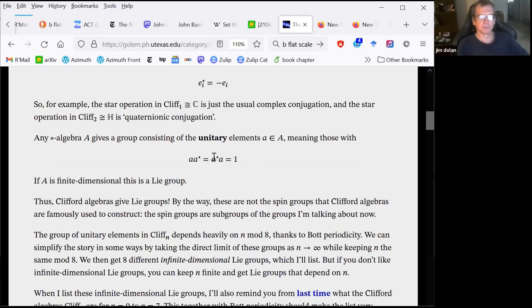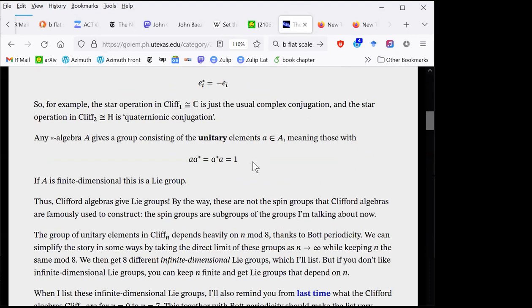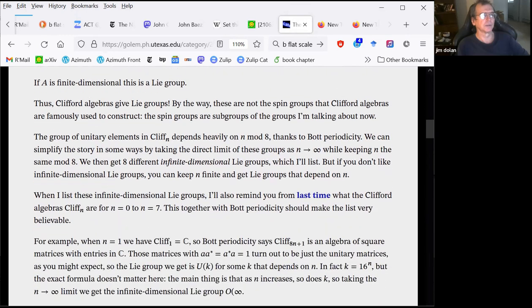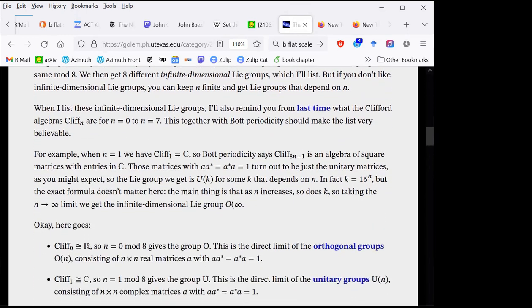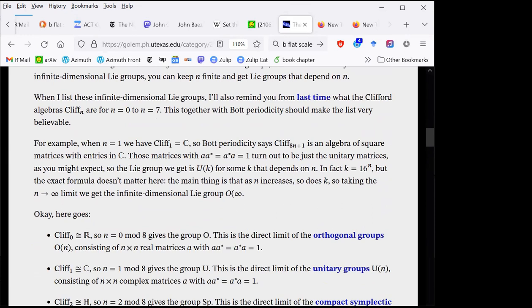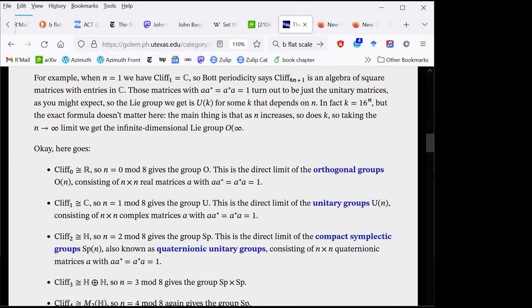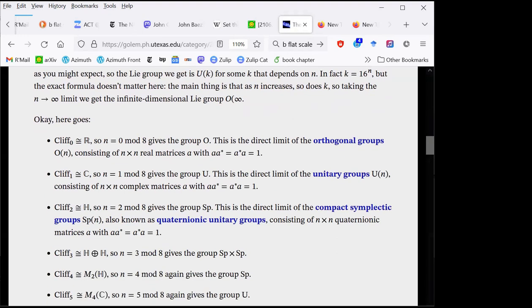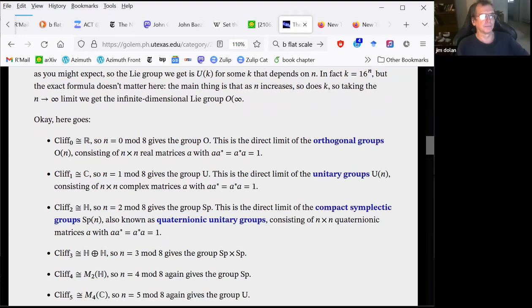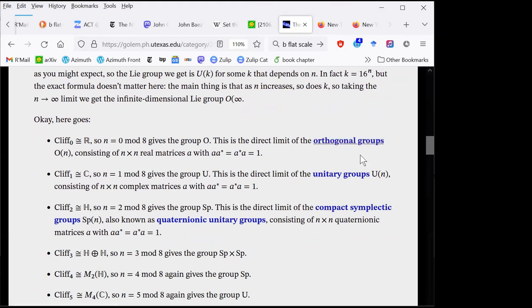Okay. So each Clifford algebra here has this group of unitary elements. Here I just work out what those unitary groups are. I focus on the n goes to infinity limit for some notational reasons, and also because it is connected to infinite loop spaces.